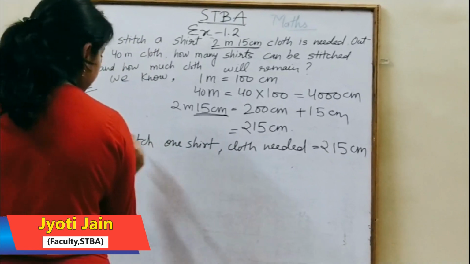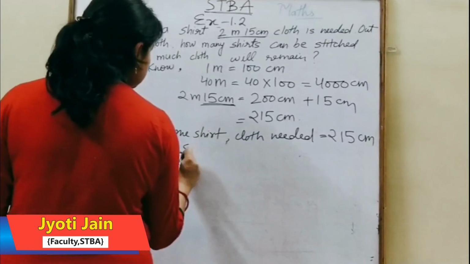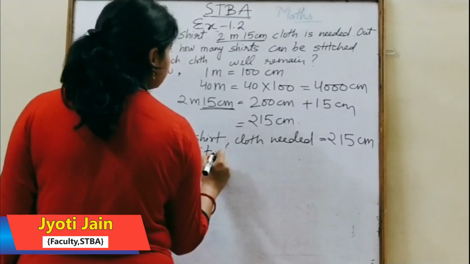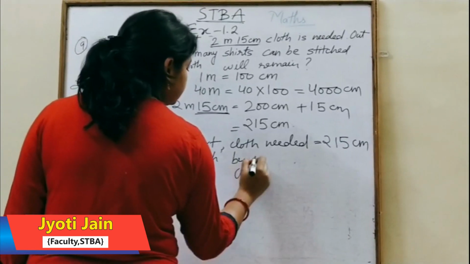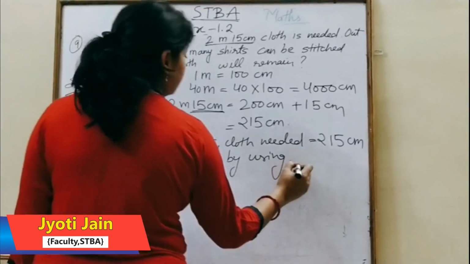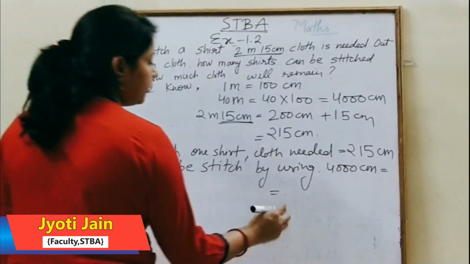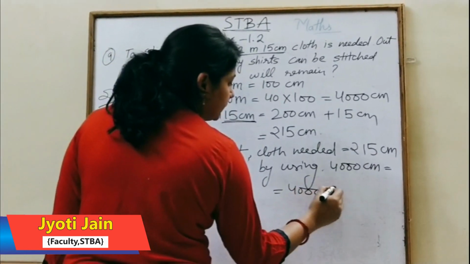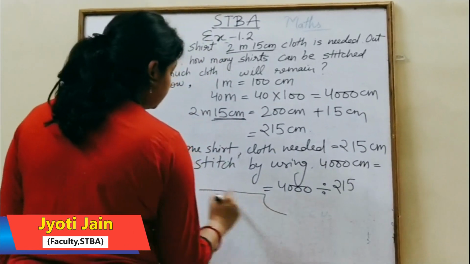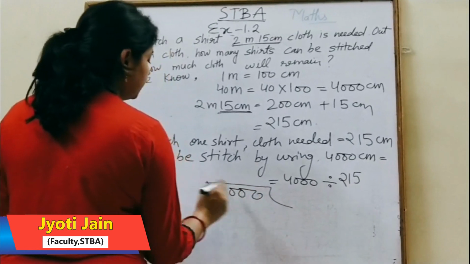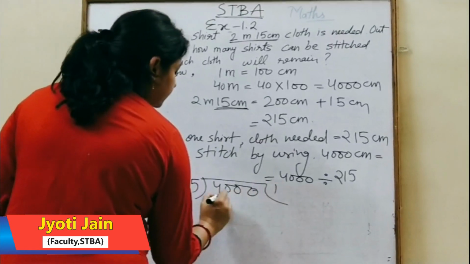Okay, so see this, shirts can be stitched by using 4000 centimeter. So this one is a division problem. So 4000 centimeter will be divided by 215. Okay, so show the division here. 4000 divided by 215.